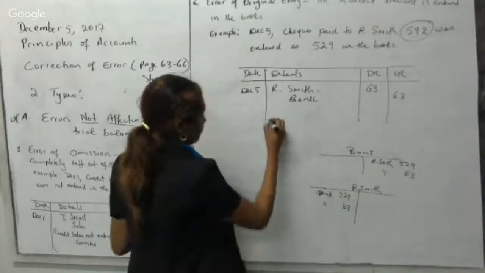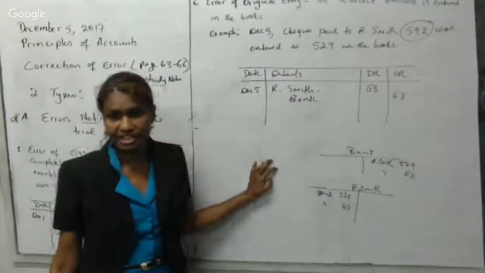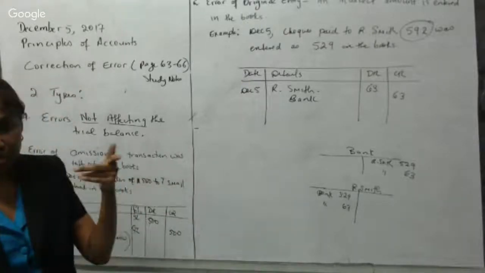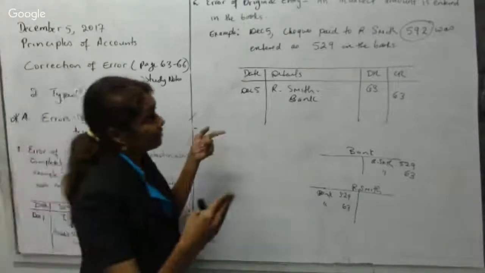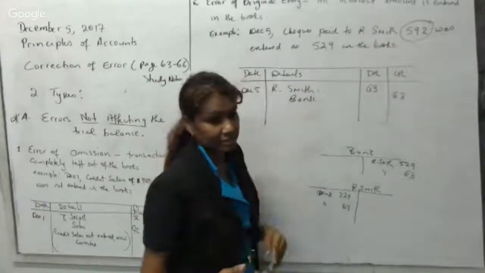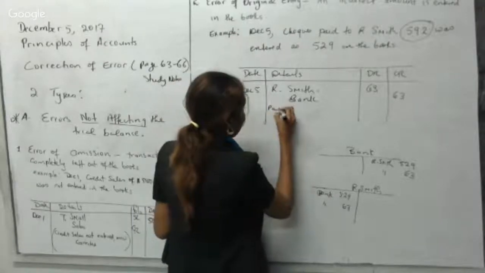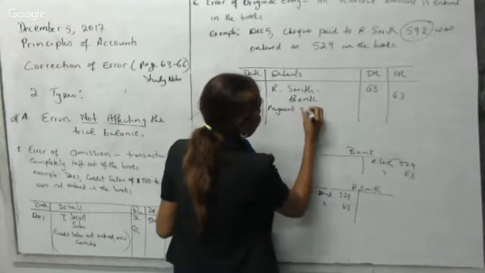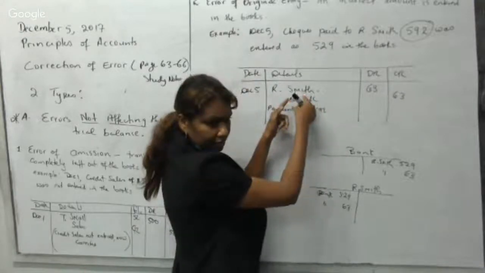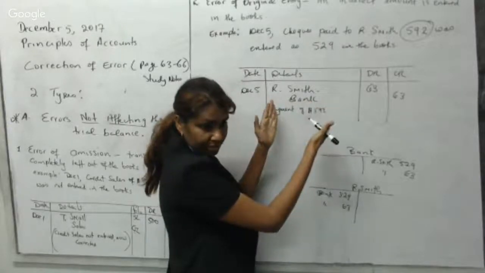Now for the narrative for this one, it would be nice for your narrative to show what you did. You have to show that the transaction was for this amount and you entered this. So: payment of 592 entered as 529, corrected. I don't need to say R. Smith because the accounts there would show who would have been paid.